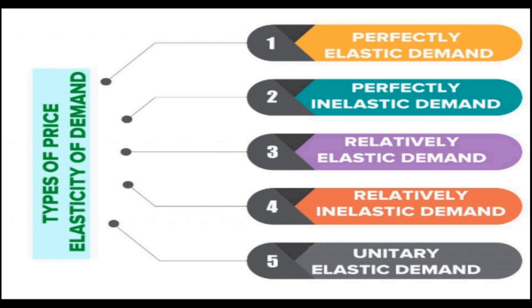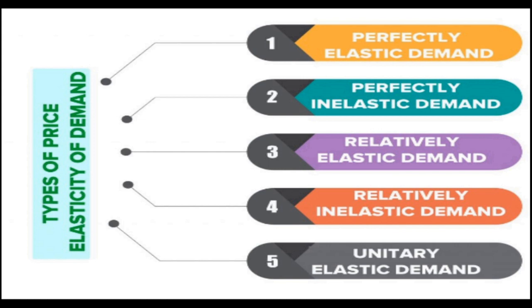Now we will see what the types of elasticity of demand are. The price elastic demand is broadly categorized into 5 categories. The first one is perfectly elastic demand. The second one is perfectly inelastic demand.